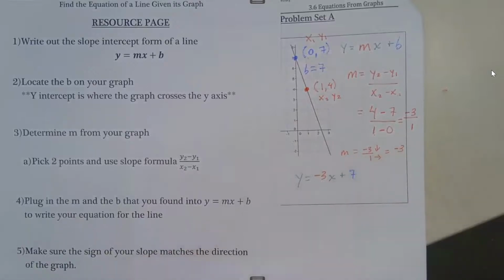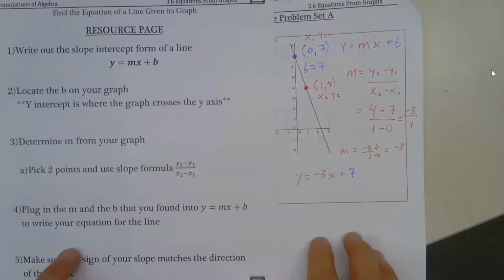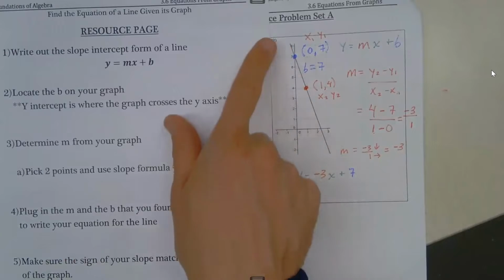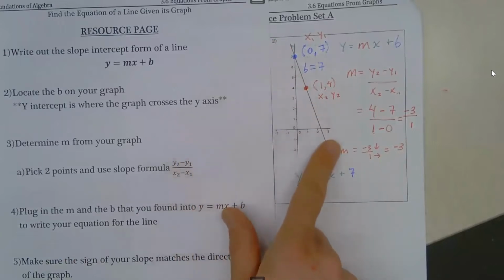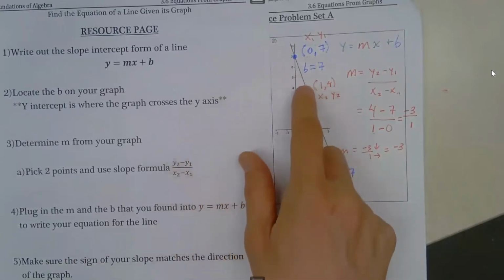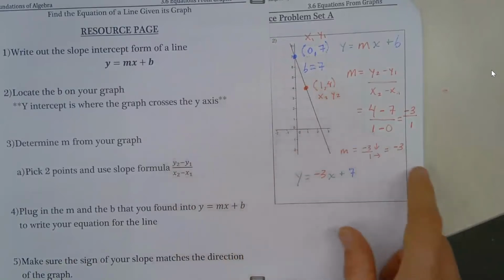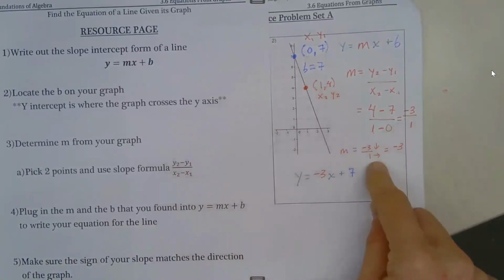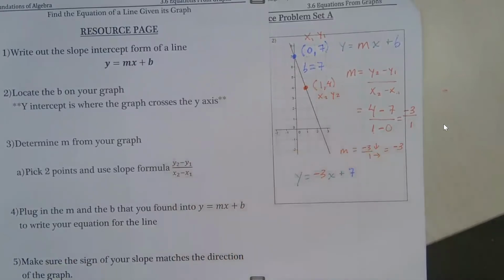And step 5, let's double check and make sure that the sign of our slope matches the direction of the graph. So my graph slopes downward. My graph decreases. So I should expect my slope to be negative, meaning go down as you go to the right. And here you see negative slope, down 3, right 1. You did it. Great job.